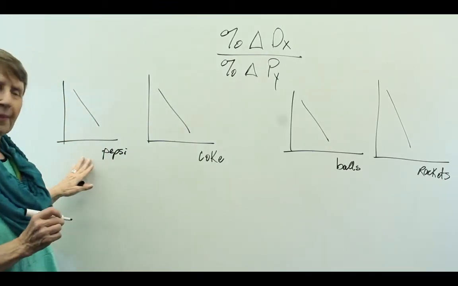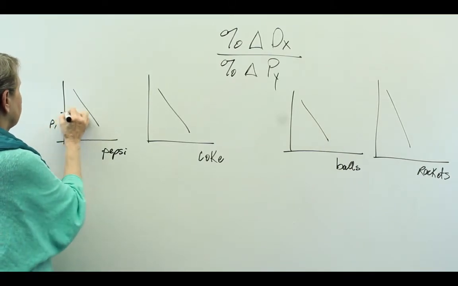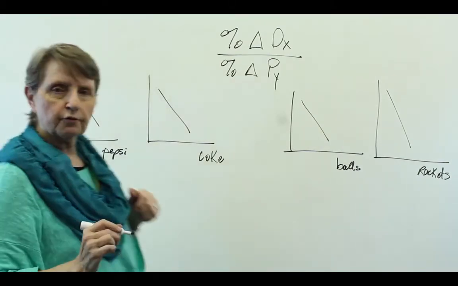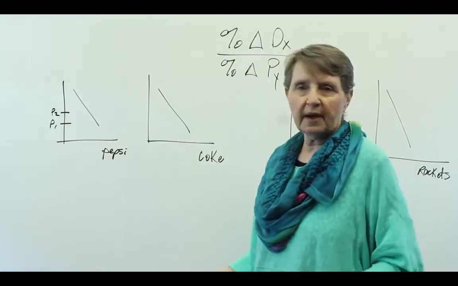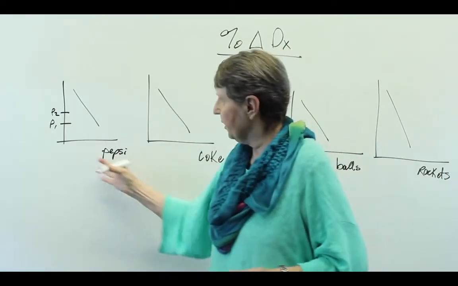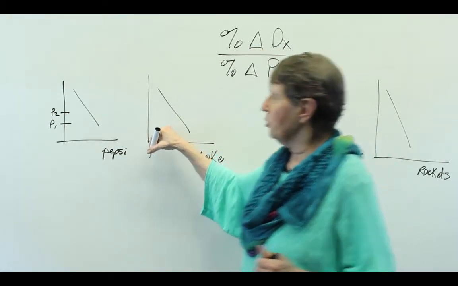If the price of Pepsi increases from P1 to P2, we know what happens in the Pepsi market. Quantity demanded decreases. But the question is, does anything happen in the Coke market?